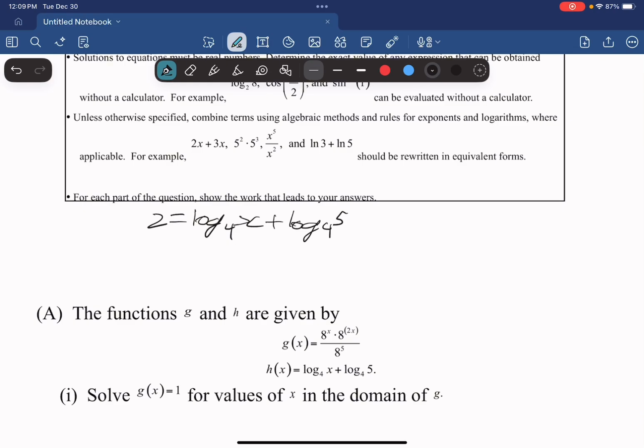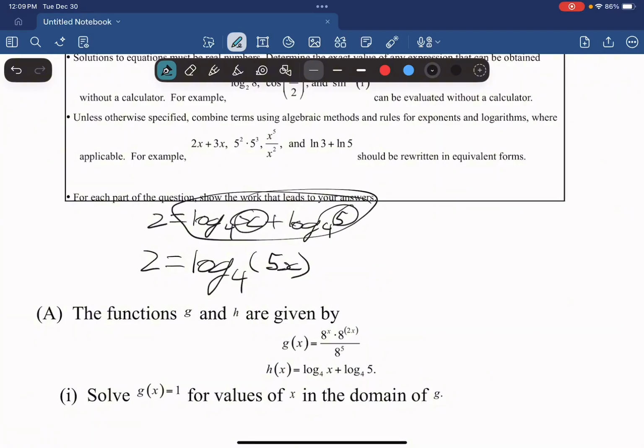So anyways, we're going to do 2 equals log base 4 of 5x, because we know our log properties will let us multiply these inside things if it's addition and the base is the same.